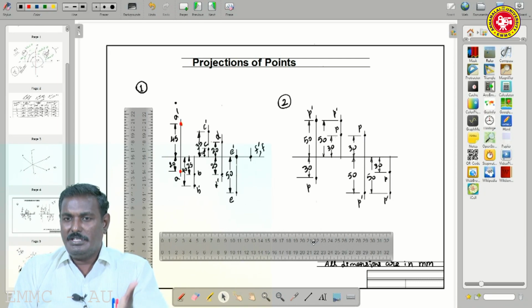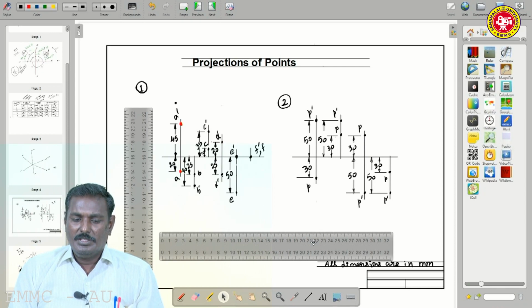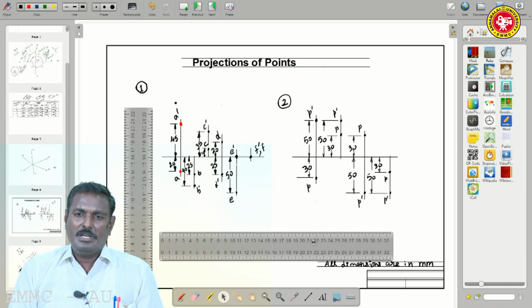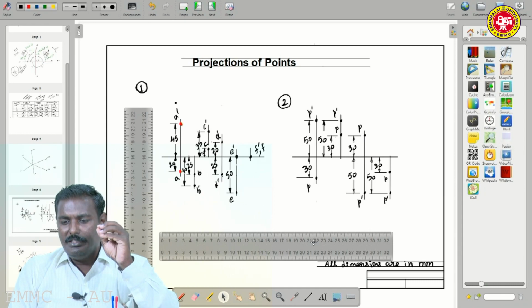Those details we will see in the next session. In this session we looked at projection of points, what the meaning is, and how to generate and construct the points.